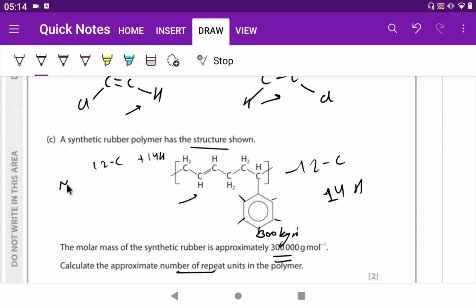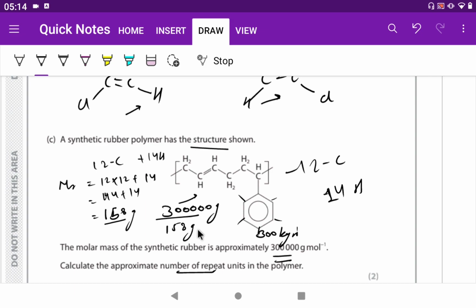So what will be the Mr of this repeat unit? 12 times 12 and 14. It is 144 plus 14, so it is 158 grams. Now divide 3 lakh grams by 158 grams.